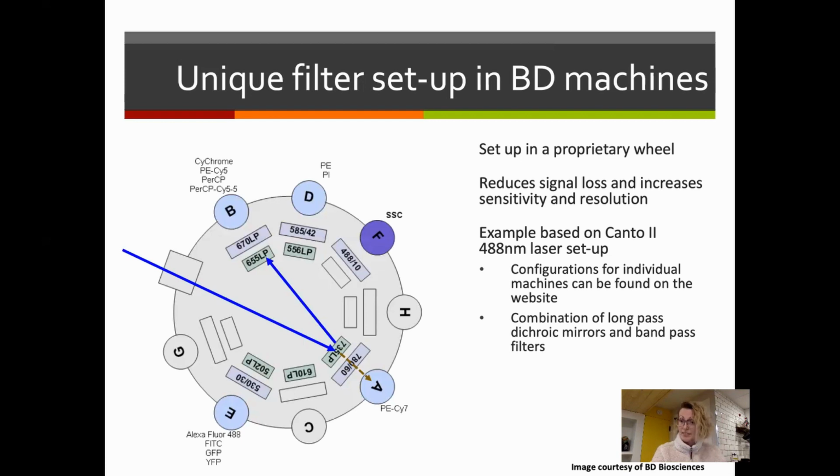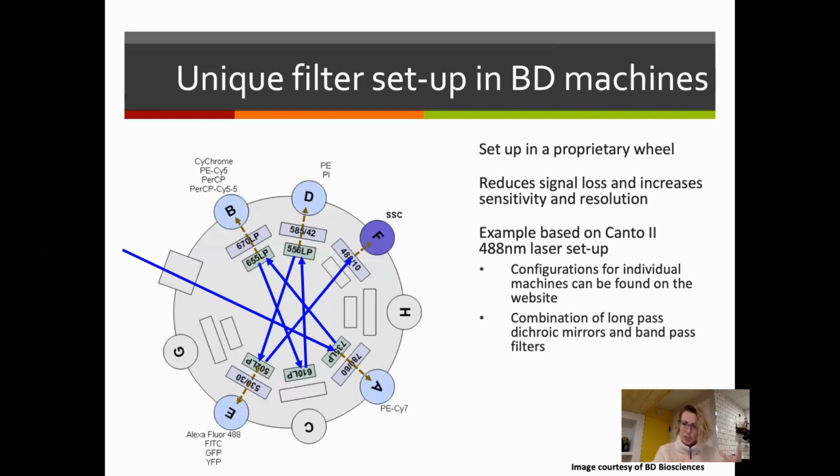So it's a 655 long pass. You'll notice that the wavelength ranges get shorter as we go through the wheel. So this again will allow you to detect a different set of fluorochromes. And then this light continues to bounce through from detector to detector, passing through when it can or bouncing when it can't, until we're able to capture all the light signals that could be collected from our setup on that machine.